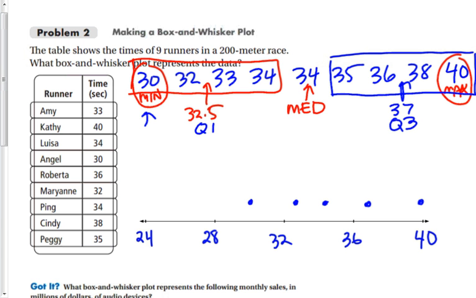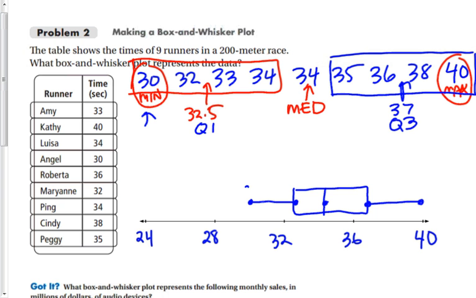And then we're going to draw in our whiskers, which are between the minimum and the first quartile, and between the third quartile and the maximum. Then we're going to draw a box between the first and third quartiles, and we'll draw a line at the median there. And you can even label these with the numbers now.